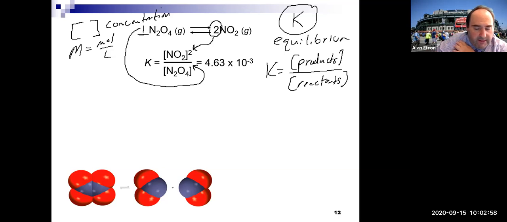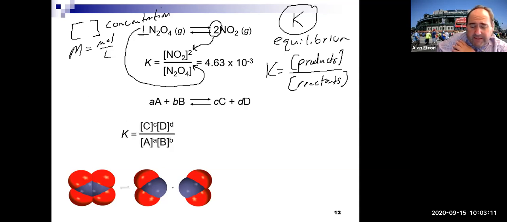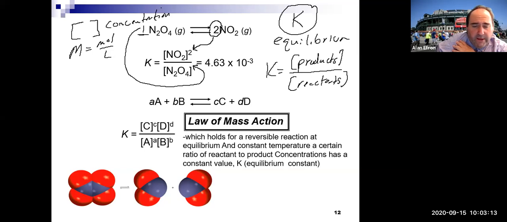So we take the products over reactants and it gives us a number. The number for this particular one, not important for anything here, was 4.63 times 10 to the minus 3. We'll talk about what that means in just a second. In general, when you write an equilibrium constant expression, it is always the concentration of our products over our reactants.